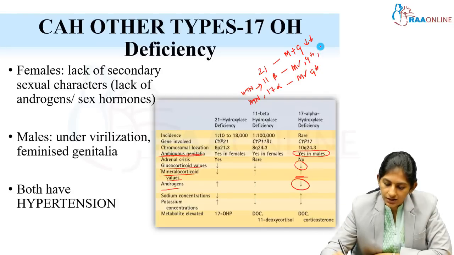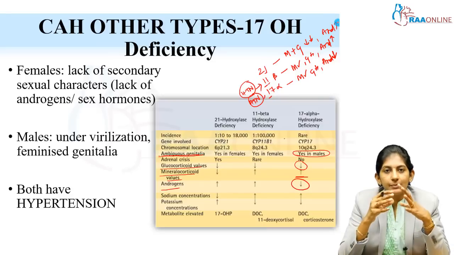What about androgens? Androgens will be high in 11-beta, androgens will be low in 17-alpha. So, the enzymes starting with 11-beta and 17-alpha will have hypertension. Remember that. And those ending with 1 will both have androgens increased.